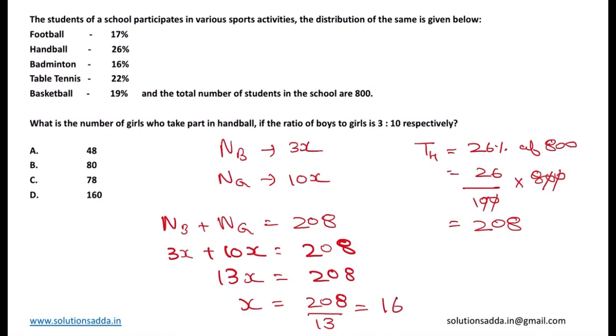Therefore x is 16, and keeping it here, it is 3 cross 16, which is 48. 10 cross 16 is equal to 160. Therefore, number of girls is 160. Hence, option D is the correct answer.